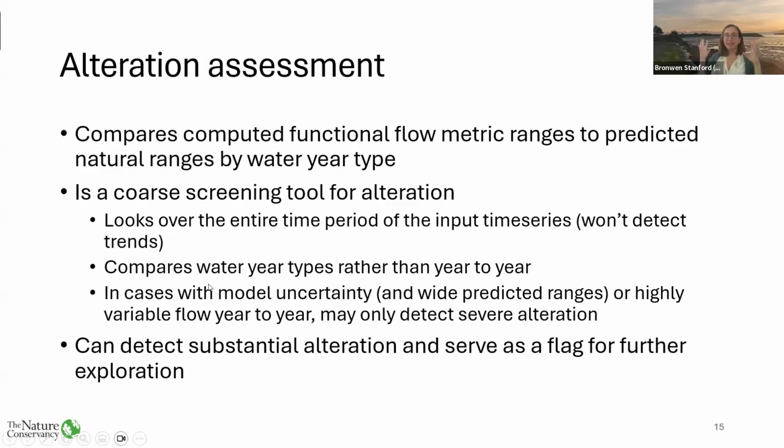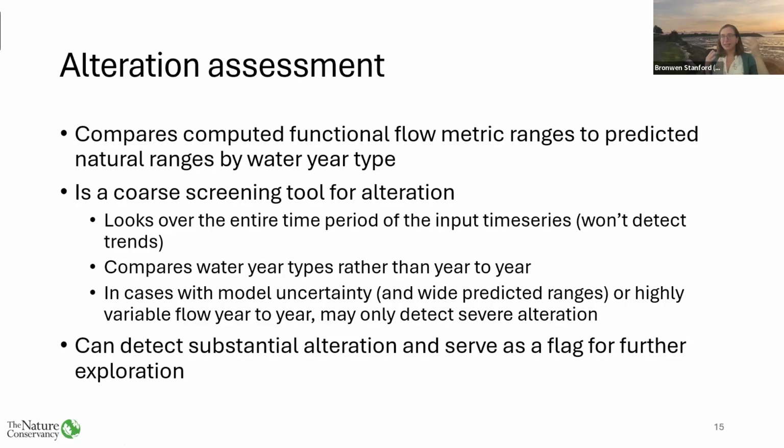It does this comparison either for the whole package of data overall, comparing what you see to what we expect to see, or by water year type, but it doesn't do a year-to-year comparison. So if you're in a river that has a lot of variation year to year, some of that alteration might get swamped by the natural variation in flow that you're seeing. And then there are also cases where our model for the predicted natural ranges has a lot of uncertainty or really wide predicted ranges.